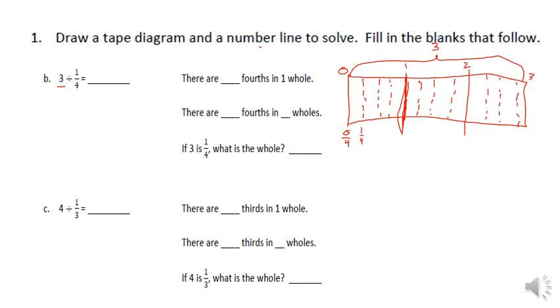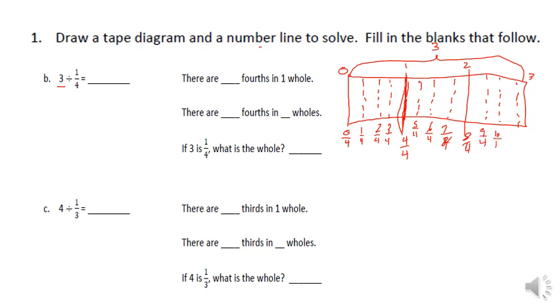That's 0 quarters, 1 quarter, 2 quarters, 3 quarters, and 4 quarters, which equals 1 whole. Then I have 5 quarters, 6 quarters, 7 quarters, and 8 quarters, which equals 2 wholes.